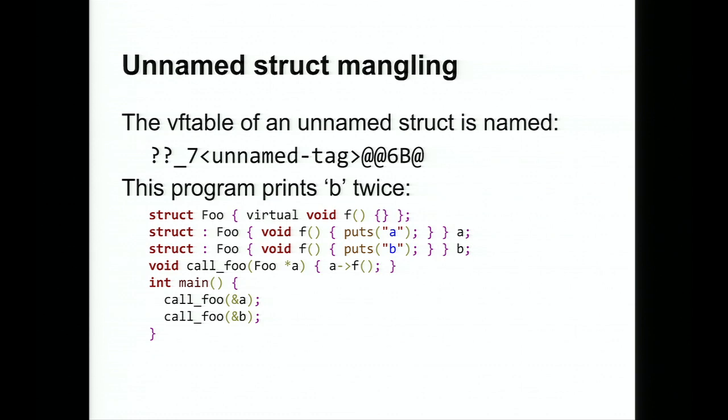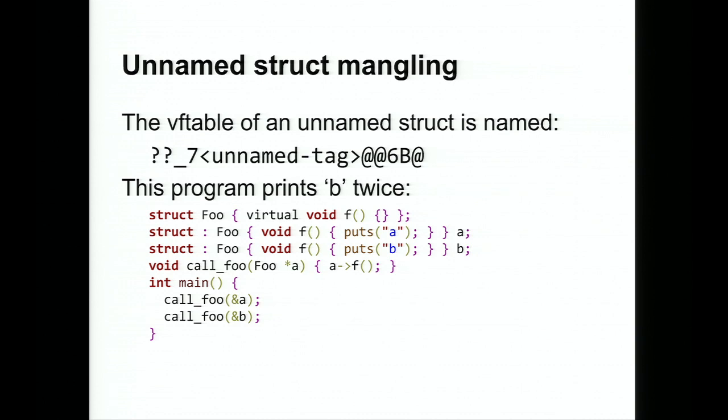If I create a struct foo that has a virtual method f, okay, so that gets a virtual function table. I can actually create unnamed structs that inherit from foo and override f with my functions that print A and B. And there's not much I can do with this struct besides declare some variables or maybe declare a typedef, but in this case I'm going to declare some variables.